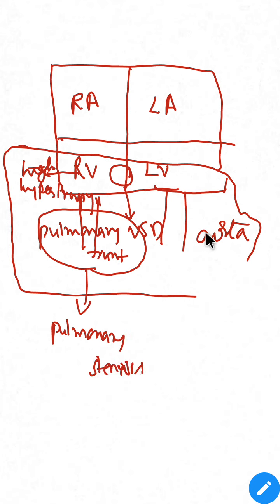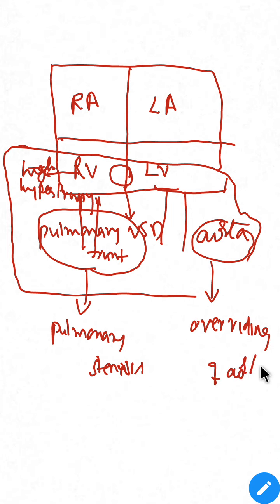Fourth is overriding of aorta. If you remember this diagram, it will be very easy to memorize these 4 components.